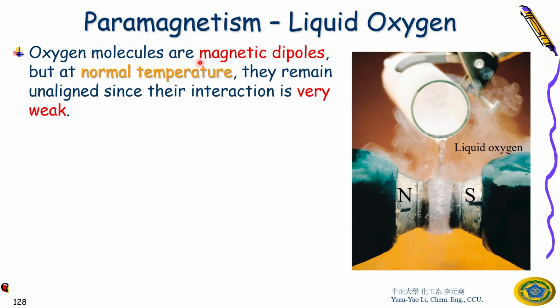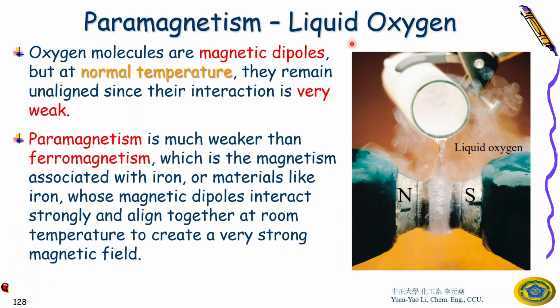Oxygen molecules are magnetic dipoles, but at normal temperature they do not remain aligned since their interaction is very weak. Why? Because the temperature disturbs the interaction of the magnetic field and the oxygen. So you need to do the experiment at a very low temperature.